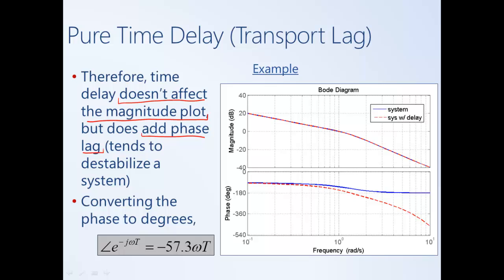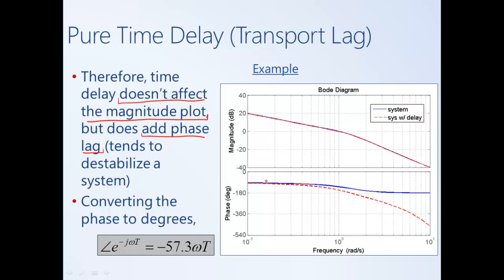So it's basically the frequency response of the system added to the frequency response of the pure time delay. So with the magnitude plot, it's unchanged because we're adding 0 decibels everywhere. But here, with the phase of the pure time delay, we can see that for small omega, the phase is small. You can see that here.